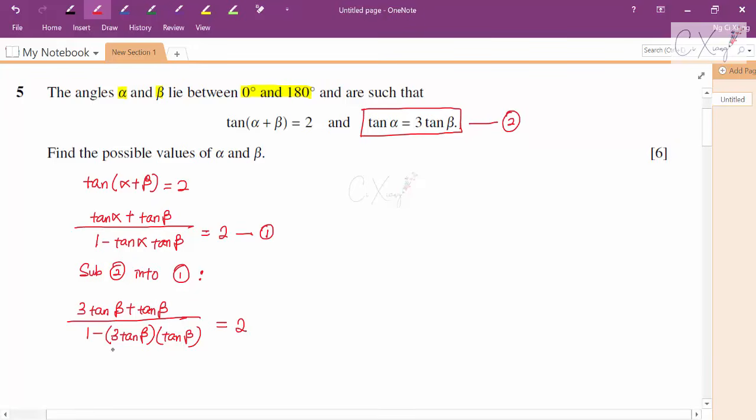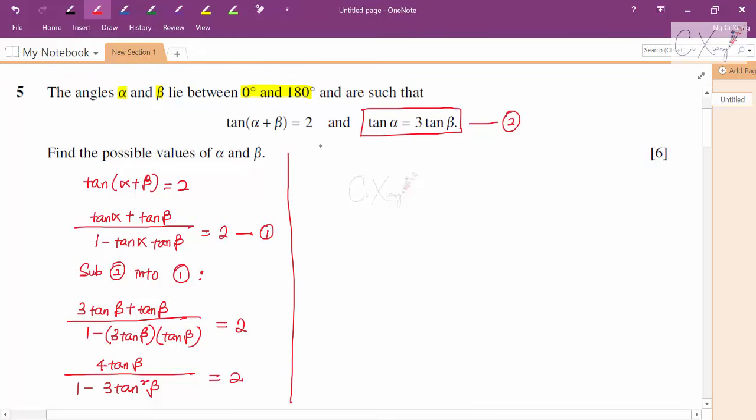From here, you can see that when I further simplify, this whole equation will have only beta as unknown. All right, so I'm having 4 tangent beta divided by 1 minus 3 tangent square beta, and it is equal to 2.